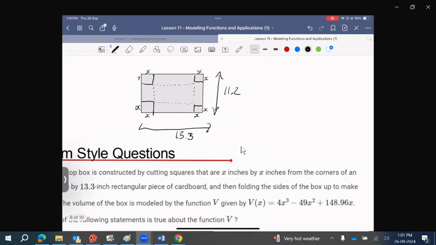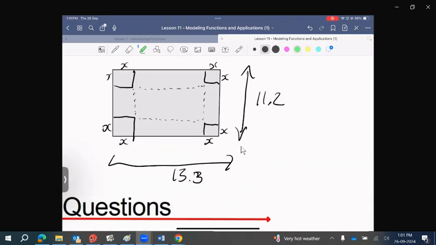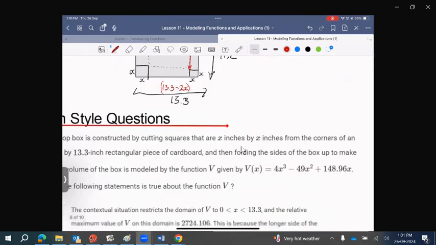So this length here is going to be 11.2 minus 2x, and this one is going to be 13.3 minus 2x.